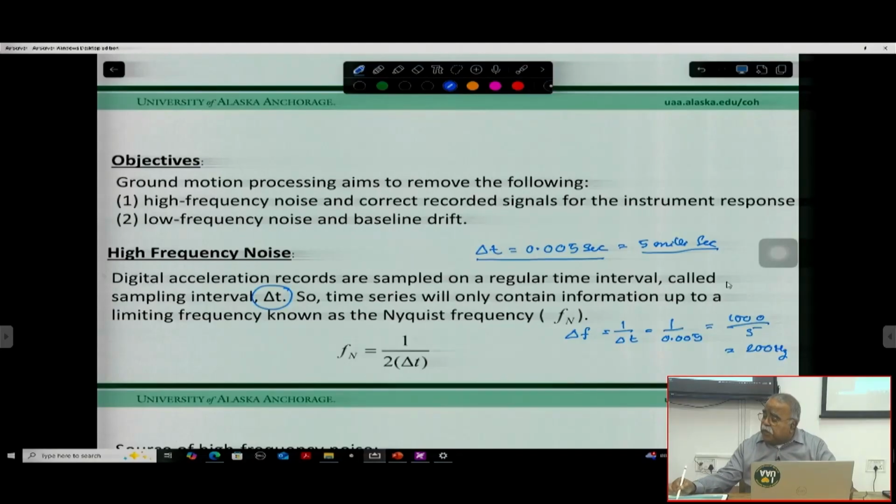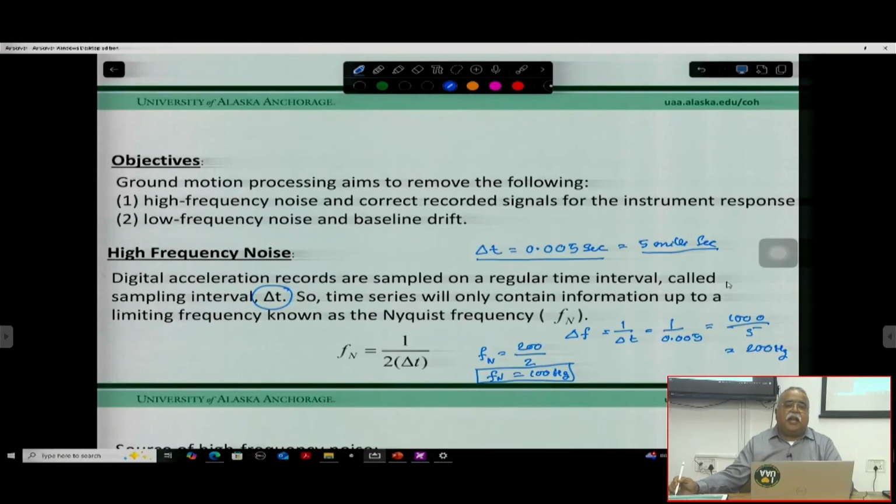If you sample at 0.005 seconds, then you get your Nyquist frequency, which is basically half of that, right? So 200 hertz divided by 2 means 100 hertz. If you analyze a time series sampled at 0.005 seconds or 5 millisecond interval, the maximum frequency you can get information on is around 100 hertz.